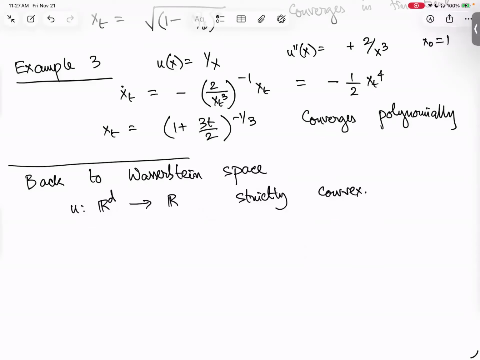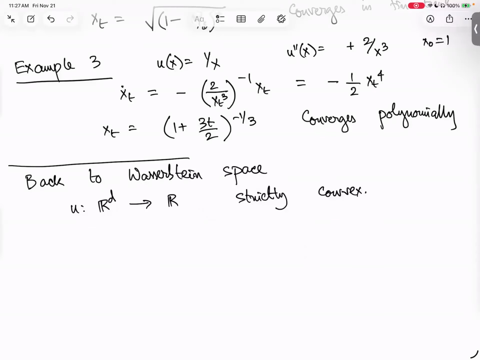And I define my, say if I take my rho in P2 of R^d, I define my new metric tensor to be the integral of V transpose of x, Hessian of u of x, V of x, rho x dx, squared. Good.